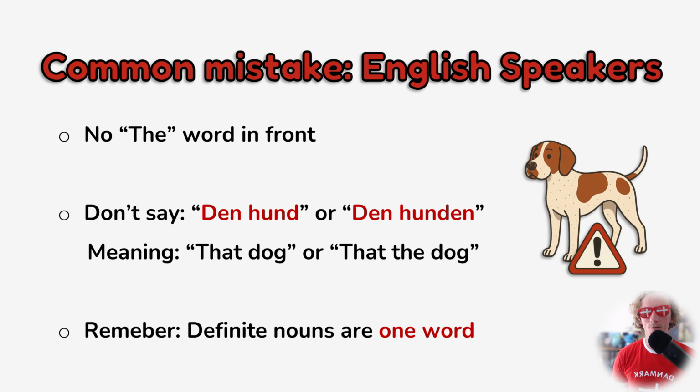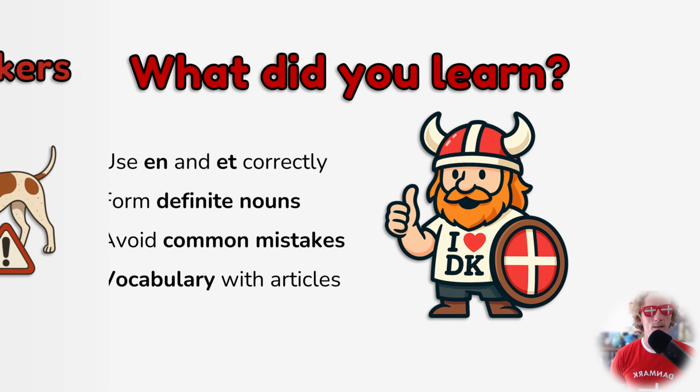So the real meaning of this would be that dog, or even worse, that the dog. It's gibberish in the sense of using the definite articles. Of course, you can say den hund if you want to point at a specific dog, but you need to know that this is not the definite version of the noun. So remember, definite nouns in Danish, one word. Don't forget it. Very good.